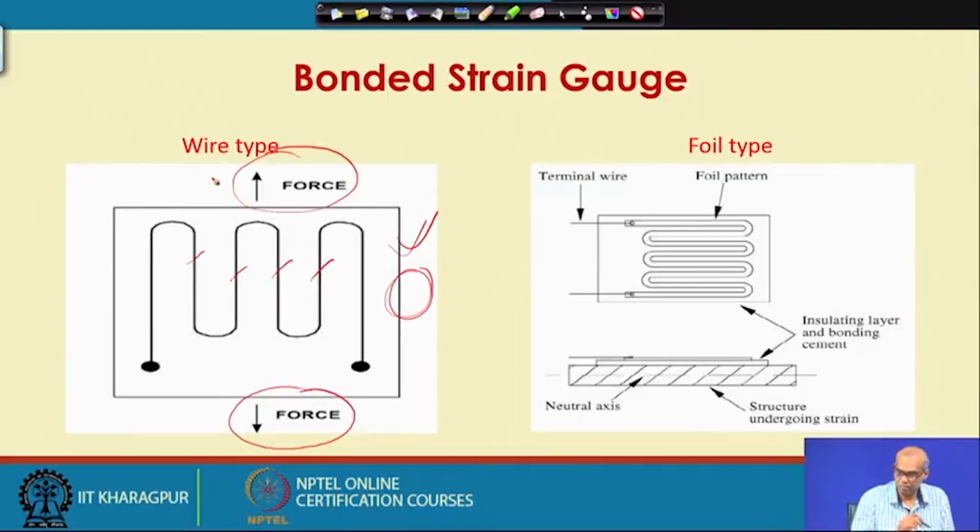This is under strain. Foil type, instead of wire we have foils. These are the terminal wires which will go to be connected with one arm of the Wheatstone bridge. So, this will be connected to the Wheatstone bridge.